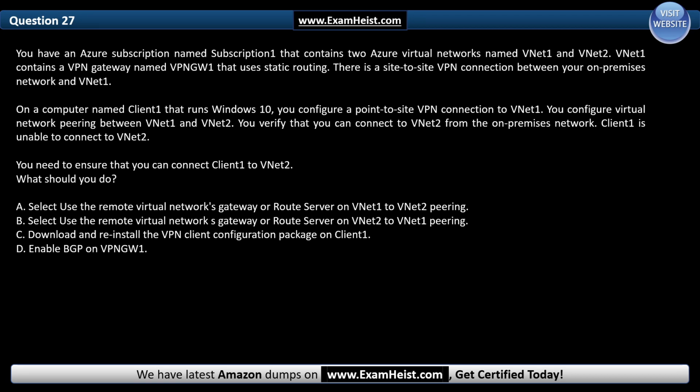On a computer named Client1 that runs Windows 10, you configure a point-to-site VPN connection to VNet1. You configure virtual network peering between VNet1 and VNet2. You verify that you can connect to VNet2 from the on-premises network. Client1 is unable to connect to VNet2. You need to ensure that you can connect Client1 to VNet2. What should you do?